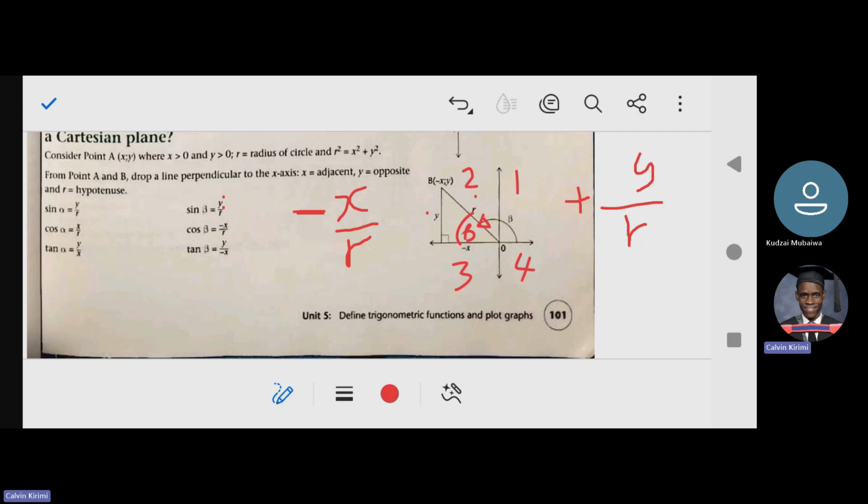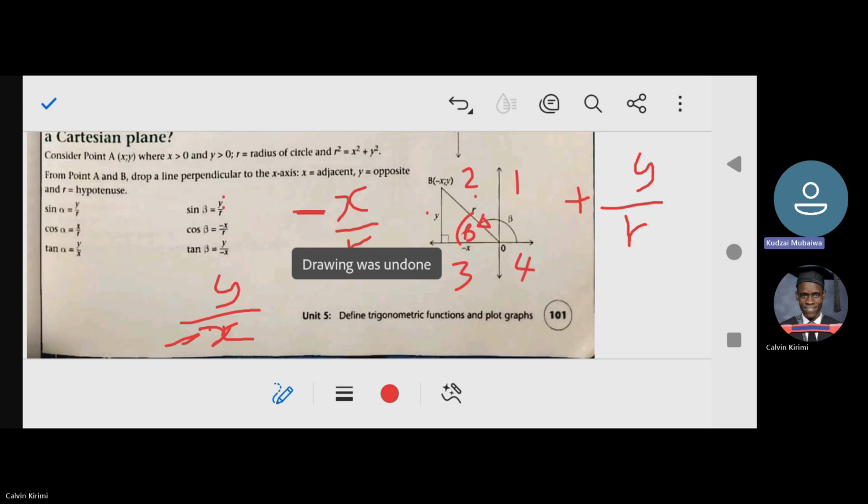You do the same for tan. Tan beta is y over x. But because in that quadrant we said only sine is positive, either you can put the negative on top, or you can put the negative at the bottom.